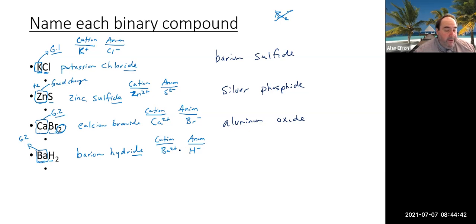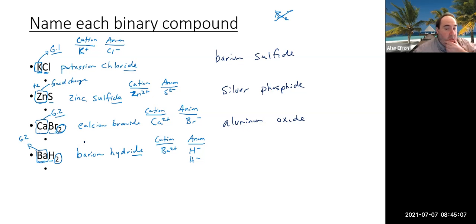Again, if we put these together, it would not balance, and that is why we have a 2 down here, because we need 2 of the H minuses to balance it out. Basically we have 2 of these, which gives us a -2 and a +2 to balance out the charge on the formula. Any questions on naming any of those there?